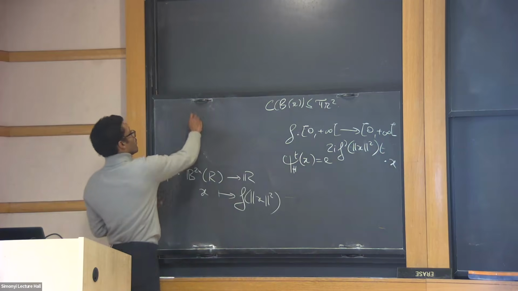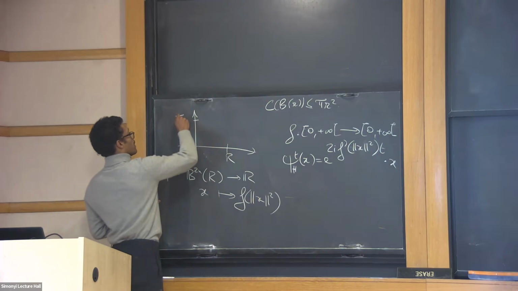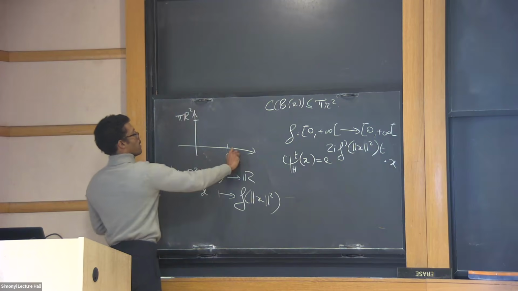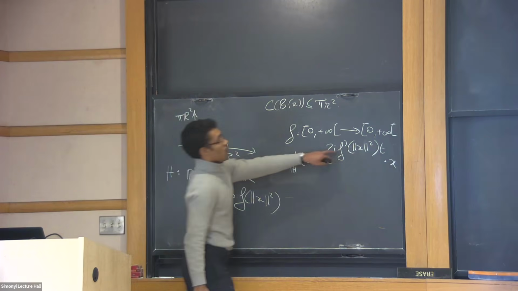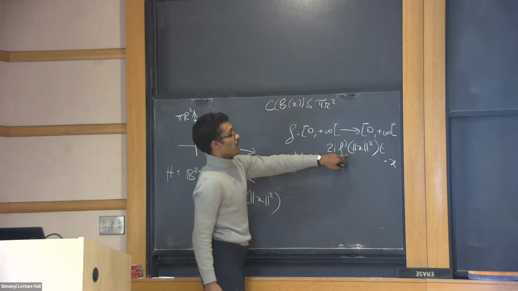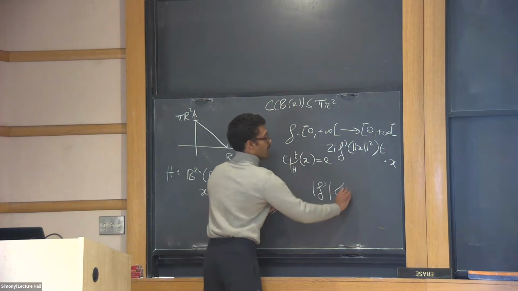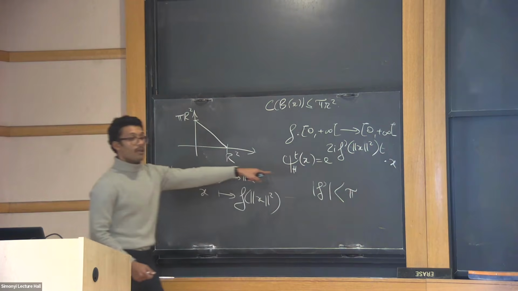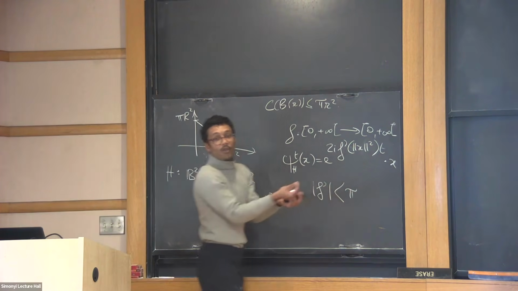And so in a ball of radius r, let's say here πr². If your speed is less than π, if f prime is less than π, then you don't have any fixed point, because you have a rotation that does not close.